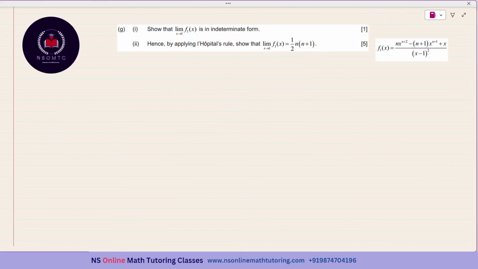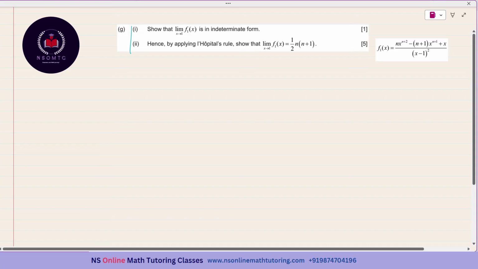Okay. Subpart G, the last subpart of this question, is containing two further subparts. The I is saying show that limit extends to 1 if f1 of x is in indeterminate form. And we had found the expression for f1 of x as this in our last subpart. So we have to show that as x tends to 1, this is having an indeterminate form.